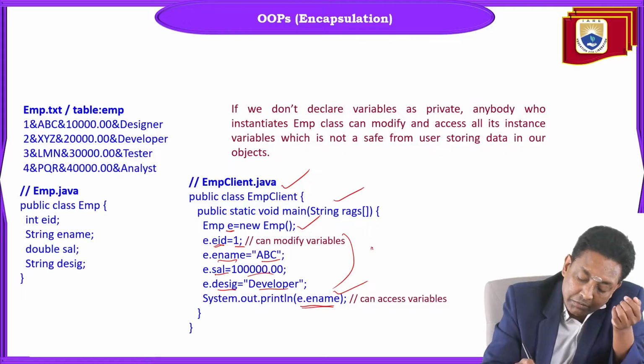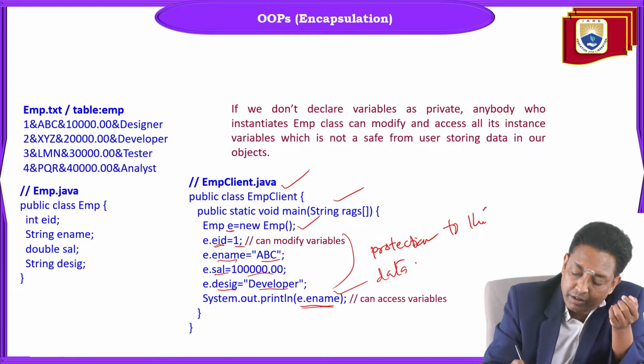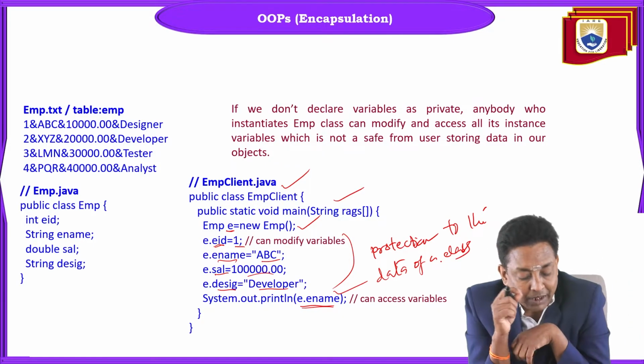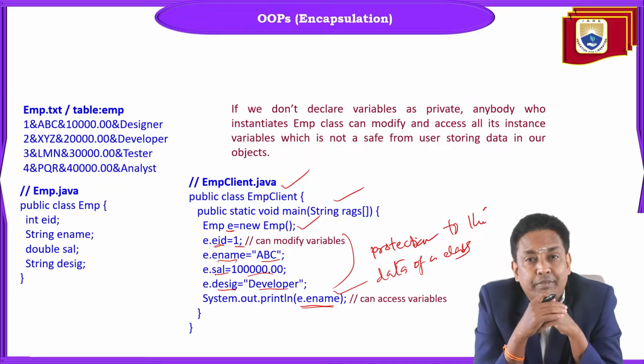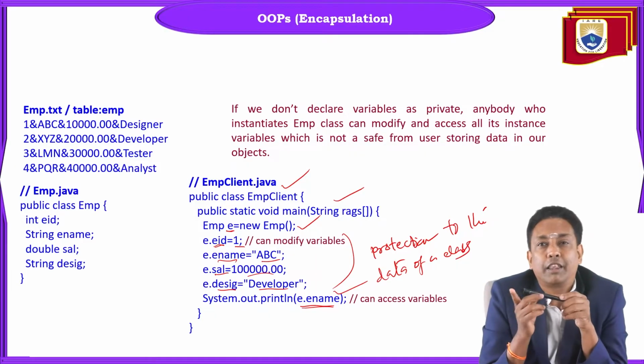So where is the protection? Where is the protection to the data of a class? Because once something is stored inside a class, it should be highly protected. It shouldn't be accessed by the outsiders.